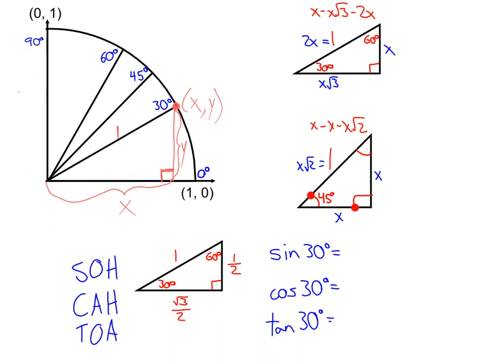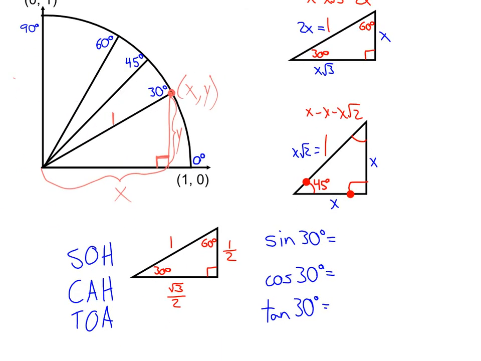Okay? So let's use some right triangle trig here with SOHCAHTOA. And you'll see here, I'm telling you that this side here is going to be a half, and this side here is root 3 over 2. Okay? You say, well, how are we getting that? Well, let's look at figuring out, say, the x coordinate first.